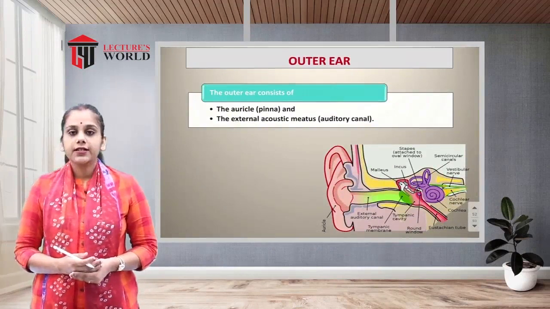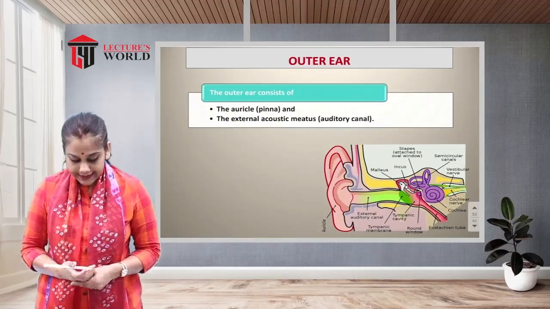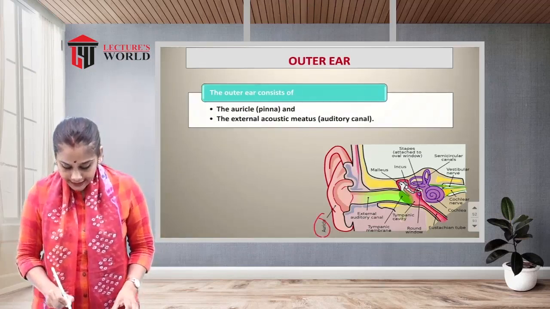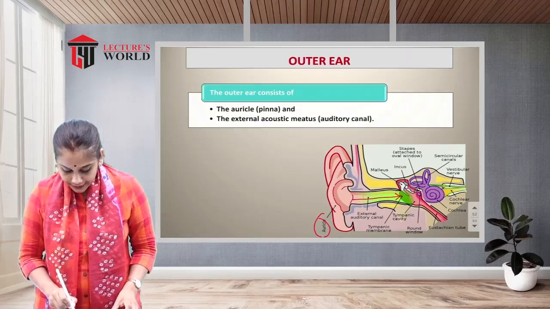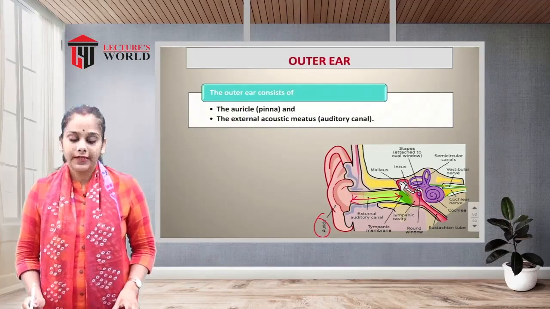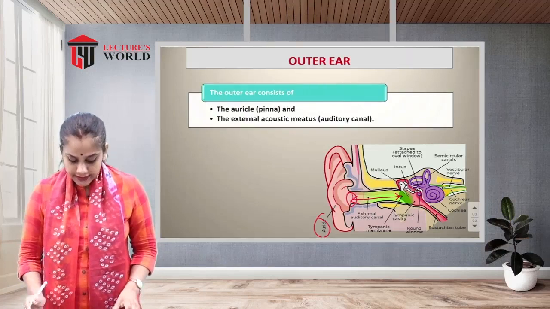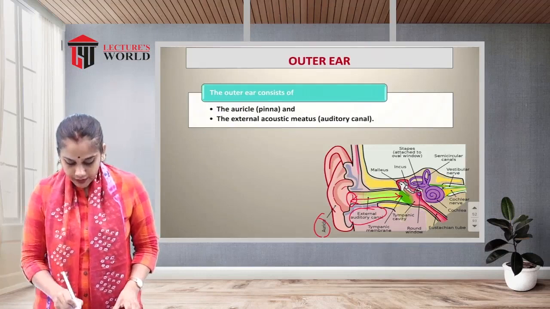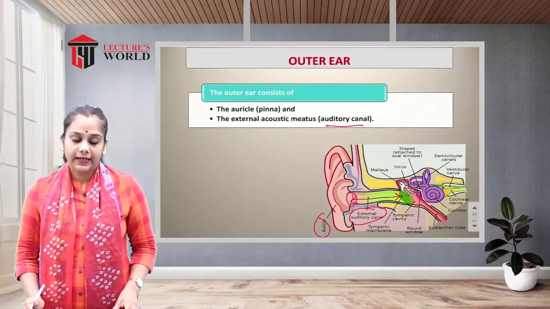The outer ear consists of two parts: the auricle, or we can say pinna, and the external auditory canal, or we can say external acoustic meatus. See, this is the external acoustic meatus, or auditory canal.